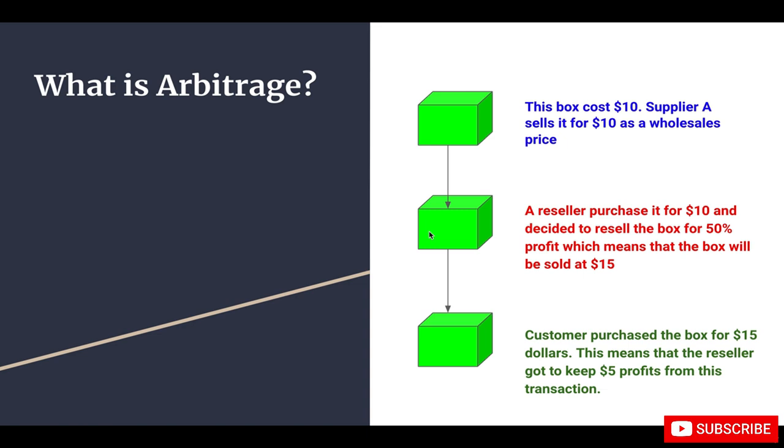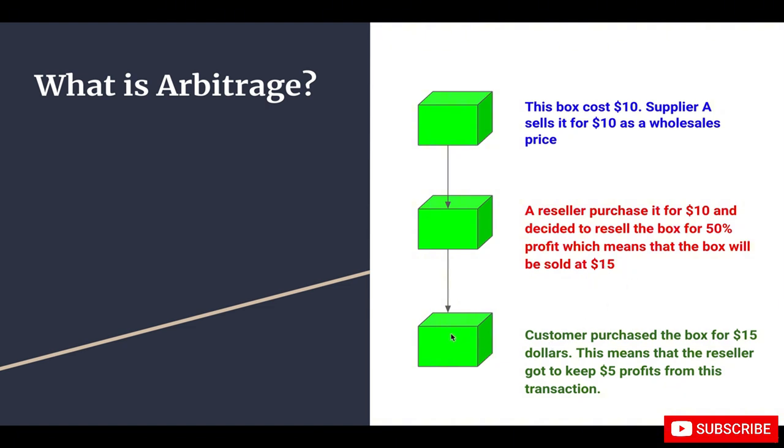So it means that I have to sell this green box to my customer at a higher price in order to generate profit. And after checking the market price and market trend, it seems like this green box product has a pretty high demand in society. So I decided to resell it at $15. It means that I get to keep $5 as my profit, or 50% profit.